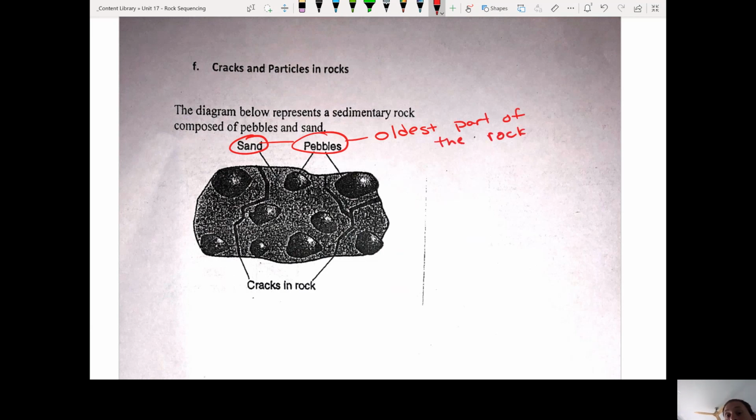Remember, conglomerate is a sedimentary rock made up of different rock sediment. So those rock sediments, the pebbles and sands, are older than the actual rock itself. The actual rock is younger than the actual sand and pebbles that make it up. And then the youngest event would be the cracks in the rock.